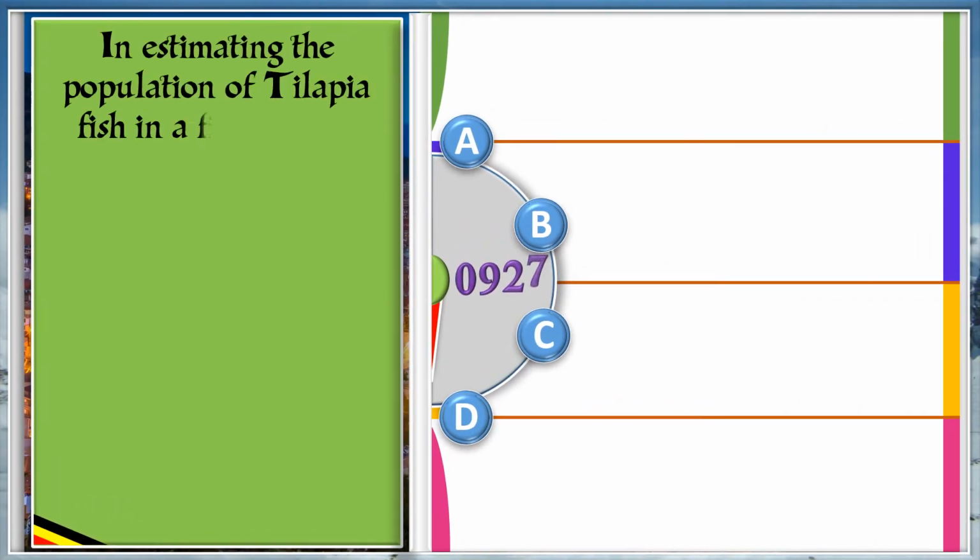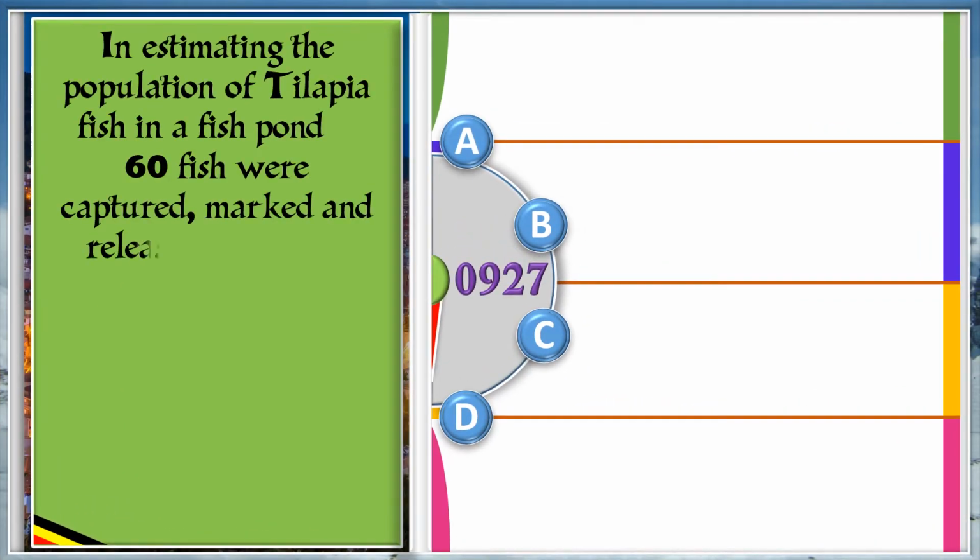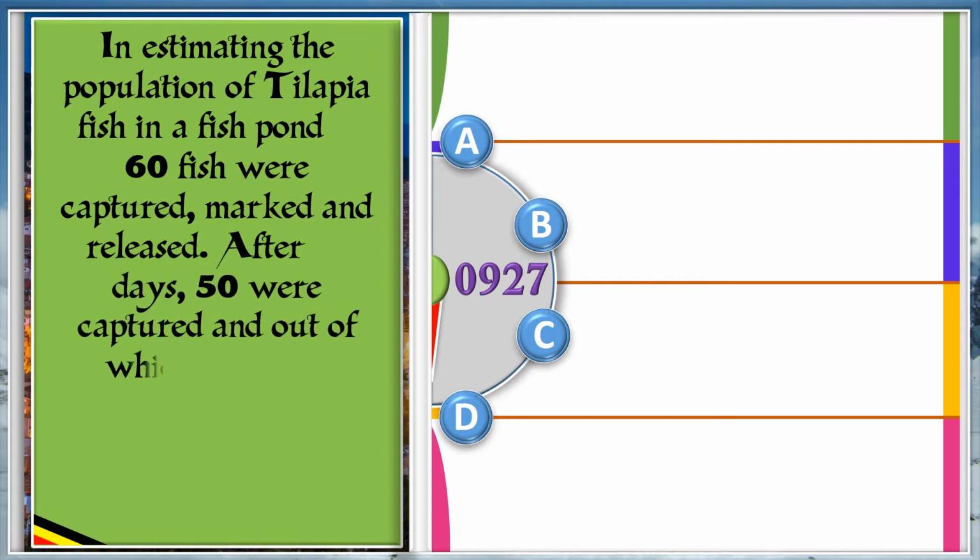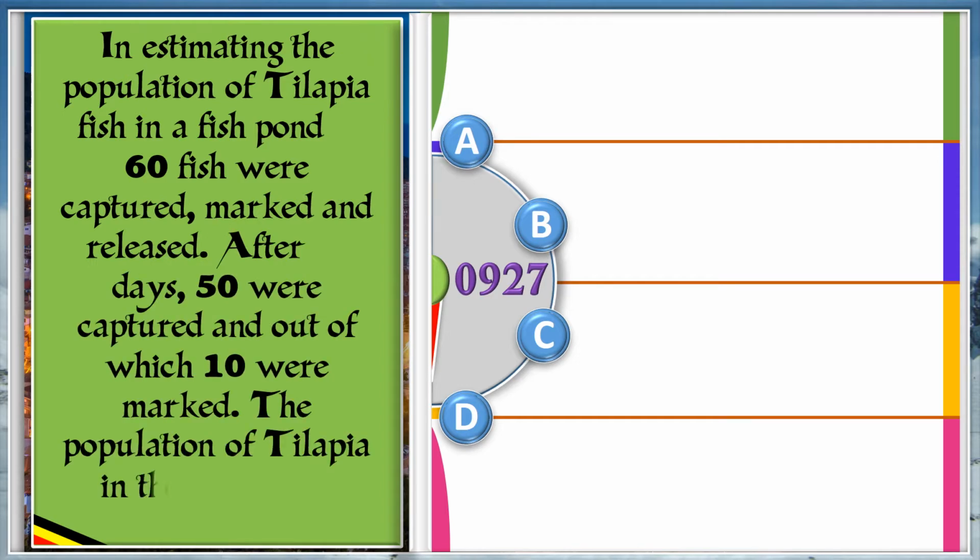In estimating the population of tilapia fish in a fish pond, 60 fish were captured, marked, and released. After days, 50 were captured, out of which 10 were marked.